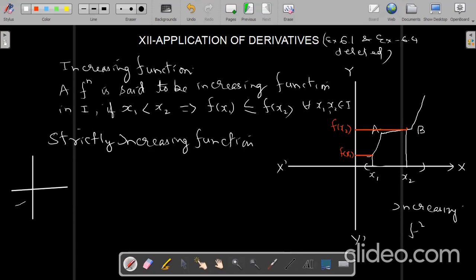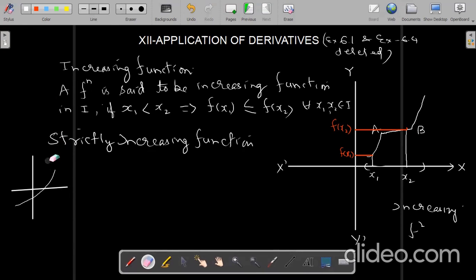It's like this, you can say that it will go like this. It is continuously increasing, no? It should not go sideways. It should go on increasing like this. Then this sign will change. f(x1) will not be equal to f(x2).